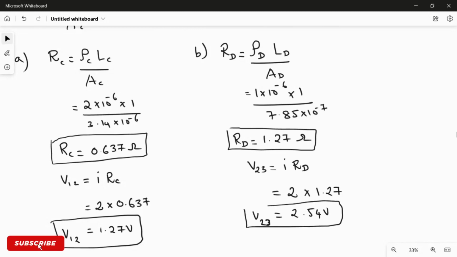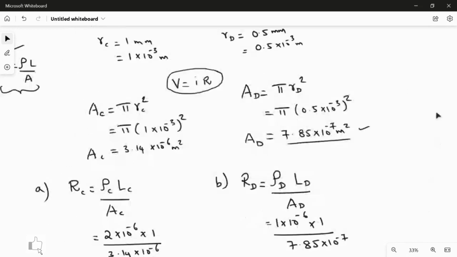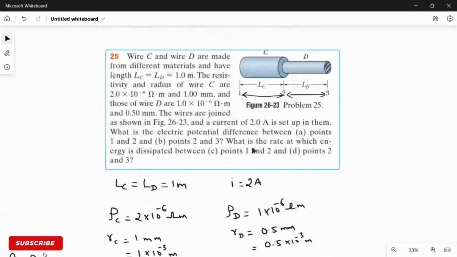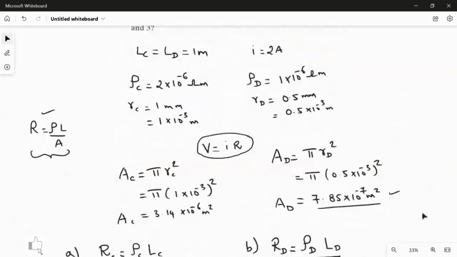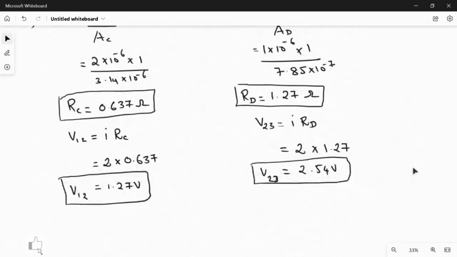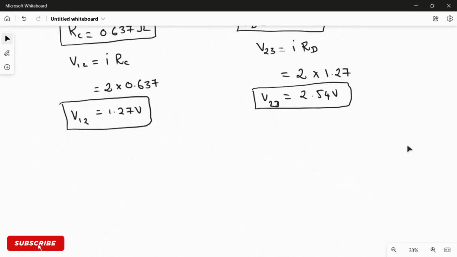So in the first part and the second part, we found the potential difference between the point 1 and 2 and 2 and 3. Now, for getting the answer for the third and the fourth question, let's go back to the question. You can see the third question and the fourth question. We are going to find the rate at which the energy is dissipated. What does it mean? It exactly says about the power calculation. So for that, we are going to use the formula for power. What is the formula for the power? We have three formulas for the power.